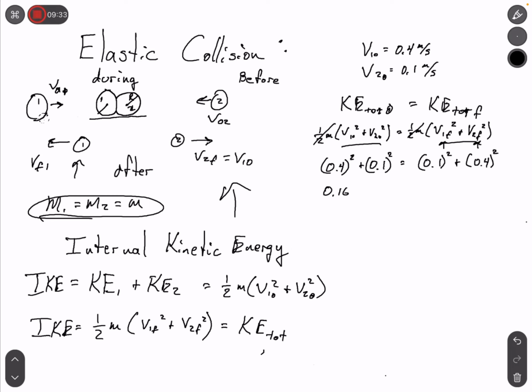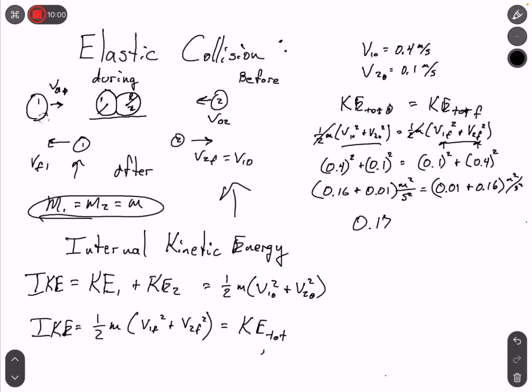This is 0.16 plus 0.01, and we're going to add all that up, meters squared per second squared. And it's going to be the same over here: 0.01 plus 0.16 meters squared per second squared.